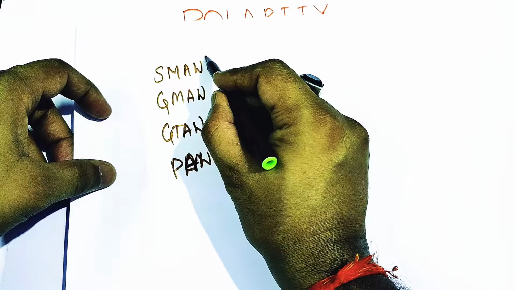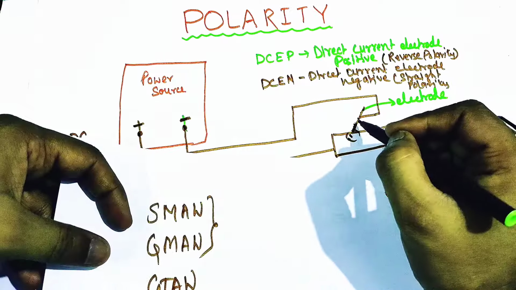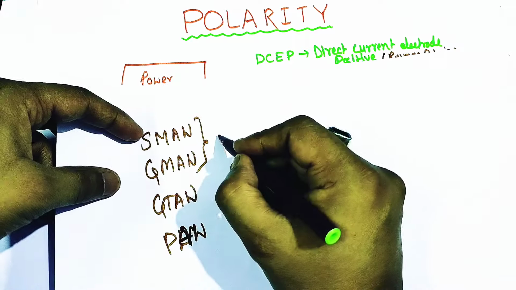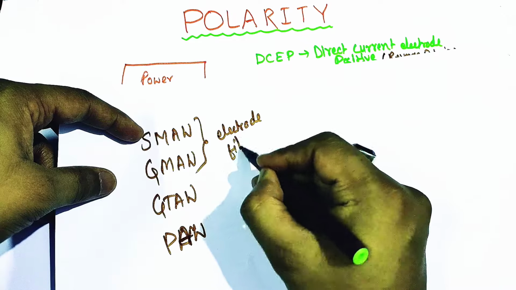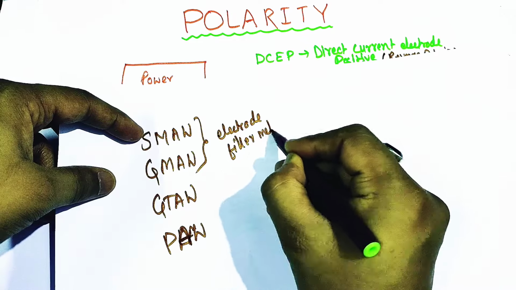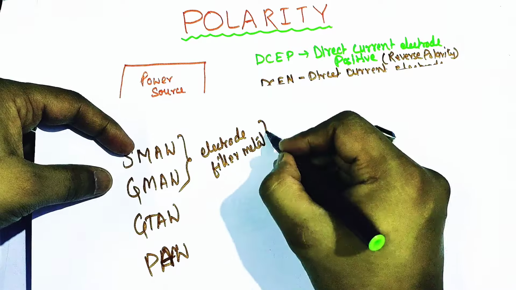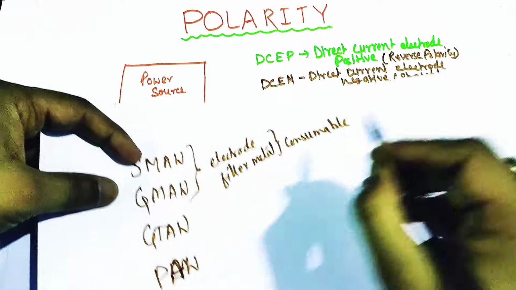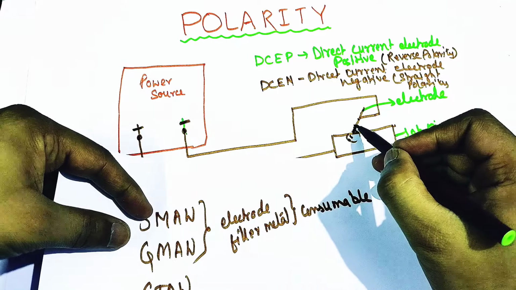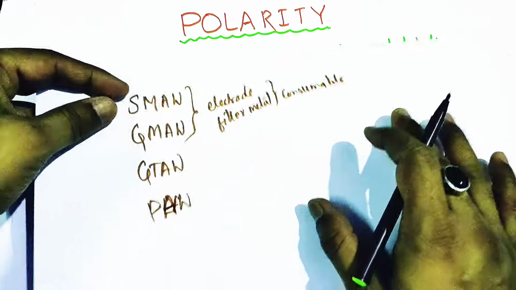So in SMAW and GMAW, the electrode also acts as a filler metal. Same electrode acts as filler metal. Hence, this electrode is a consumable electrode. So this electrode gets consumed during the welding.